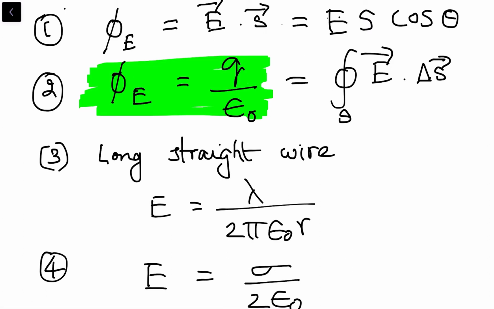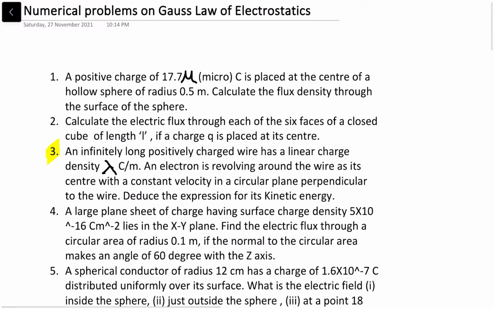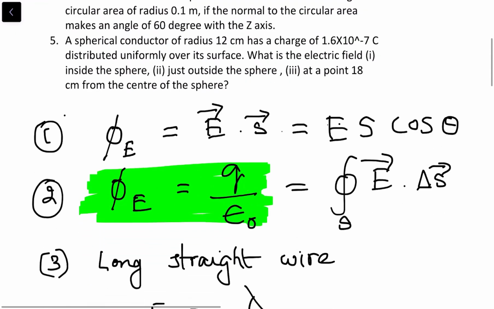So for this, which formula will be useful? Because they said it is a wire and the linear charge density is lambda coulombs per meter. This is a wire. So let us see what is the formula related to the wire.